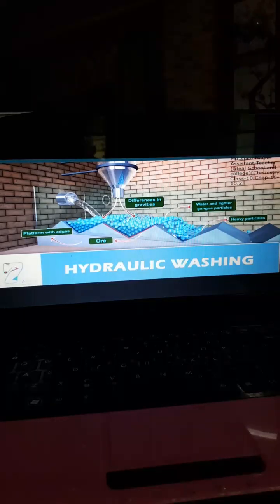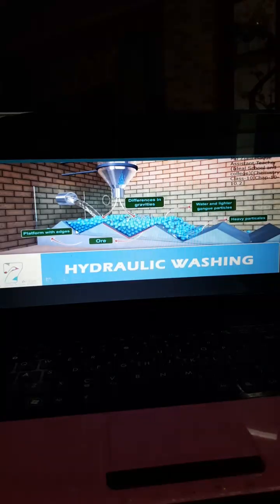So my dear students, here you can see the process. On the left hand side, water is coming, and from the conical system, here the ores are coming, and by this water it's washed away. The lighter parts will be washed away easily, and the heavier part, the lower part, here you can see the deep blue color.